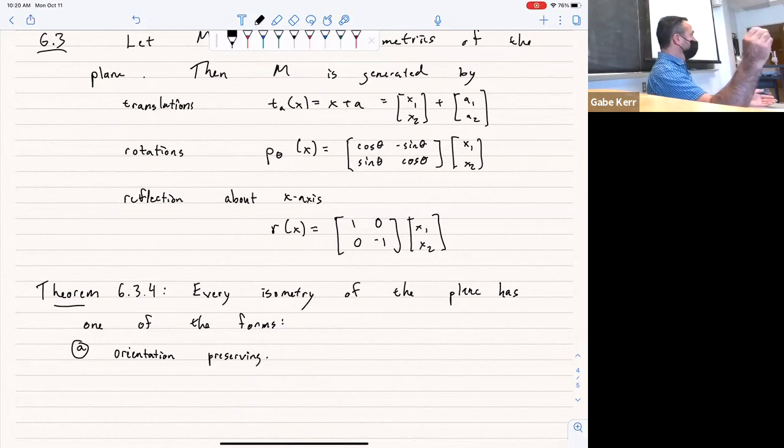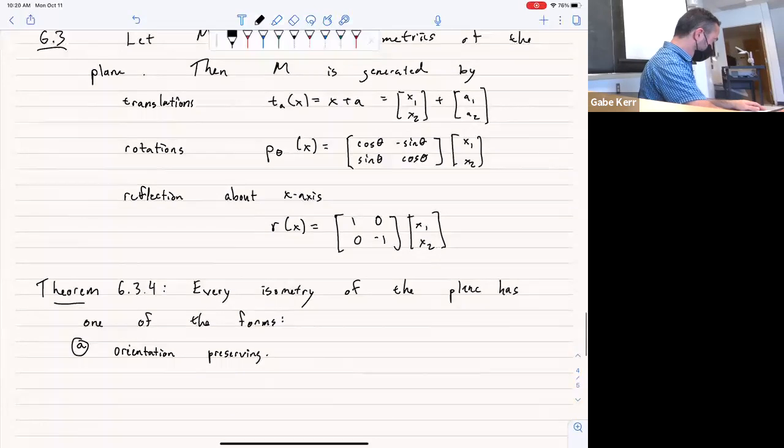I can ask, is what was my counterclockwise now clockwise or counterclockwise? If it's still counterclockwise, you preserve the orientation. If it's switched, you have reversed orientation. So there's this notion of an orientation preserving isometry, and that's what I'm just defining.